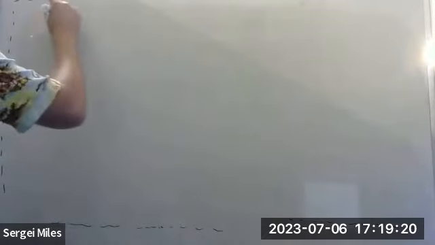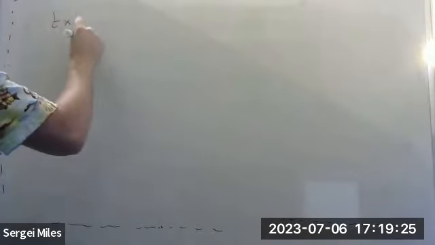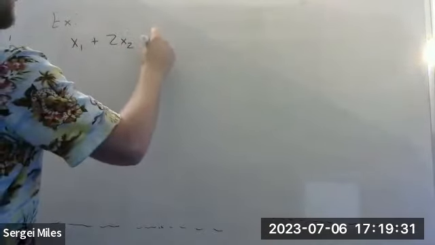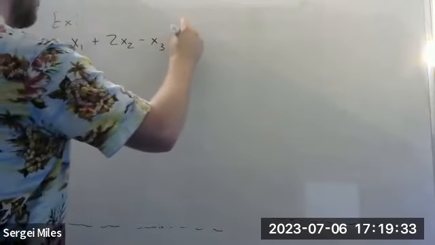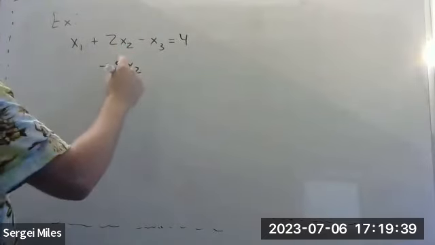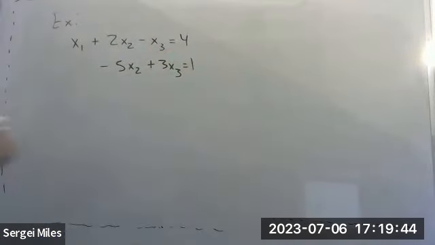All right, so here's our example. As we've discussed in linear algebra, we're in a large sense concerned with different types of systems of linear equations and questions we can ask about them. So here we have another system of linear equations: x1 plus 2x2 minus x3 equals 4, and negative 5x2 plus 3x3 equals 1.